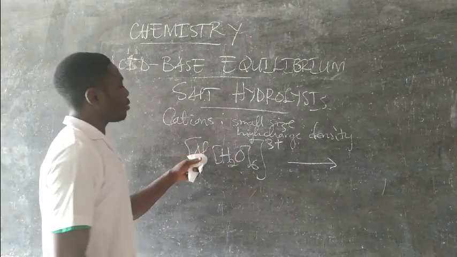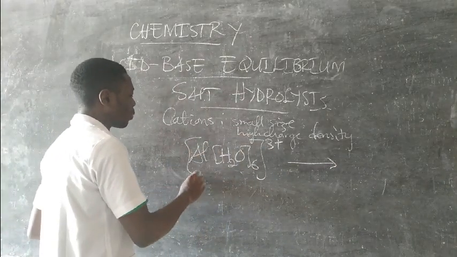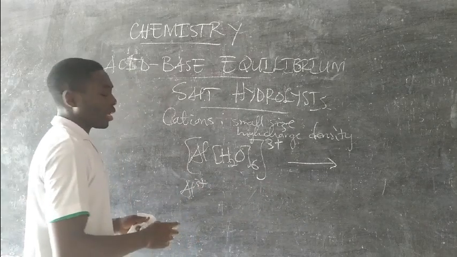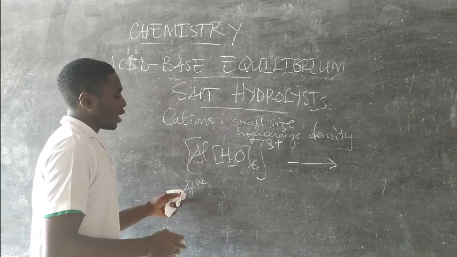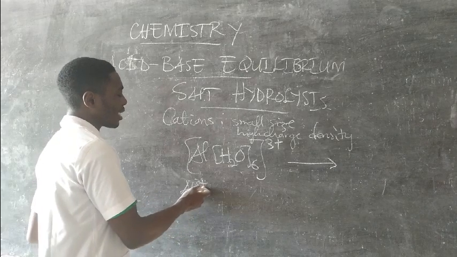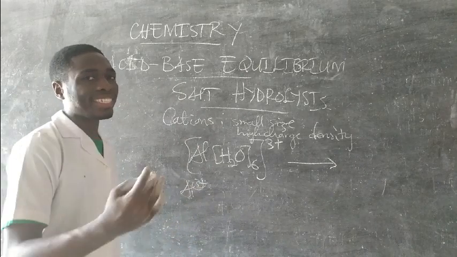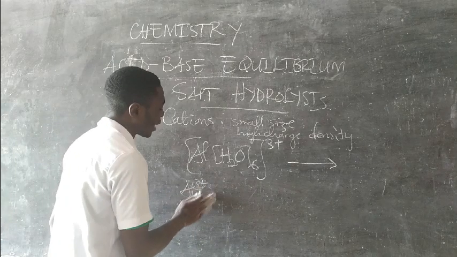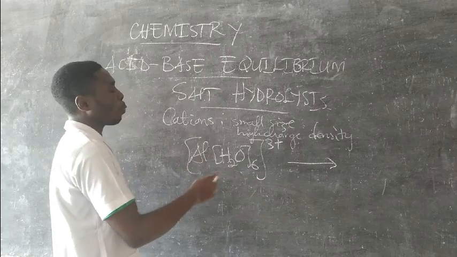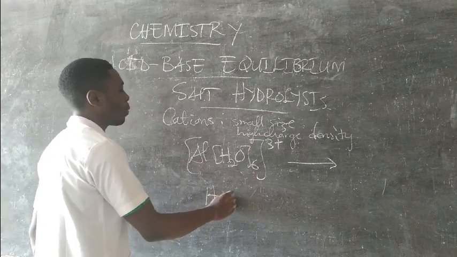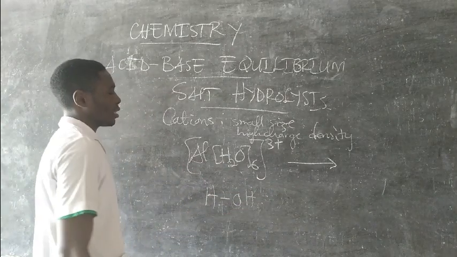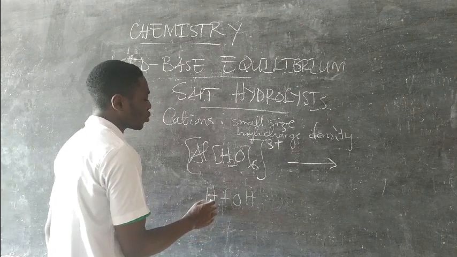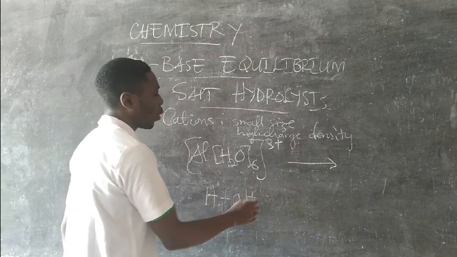Now, remember aluminium is Al 3 plus. The size of the aluminium ion is small, and of course its charge is plus 3, so it has a very high charge density. Since it has a high charge density, it is able to polarize the bond of the water molecule. Remember, you can write the water molecule like this, H-O-H. So you polarize the water molecule to break this bond to form H plus and OH minus.